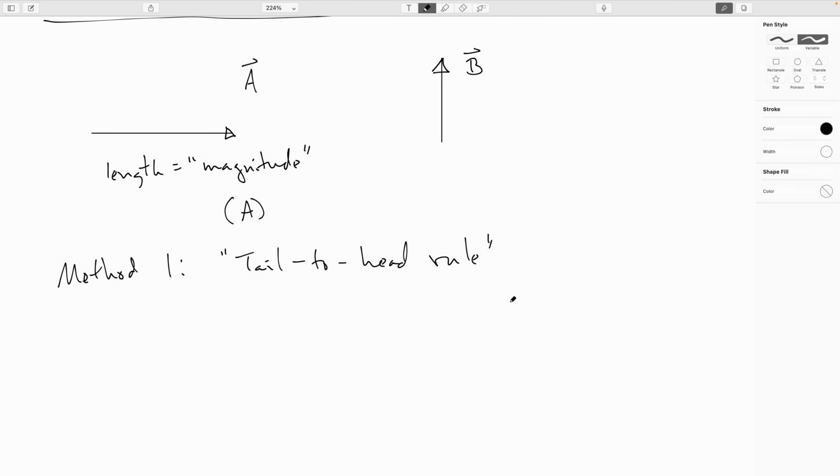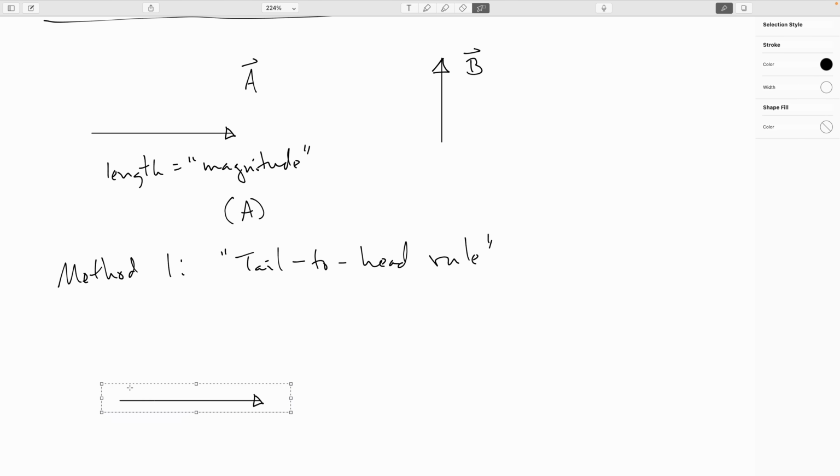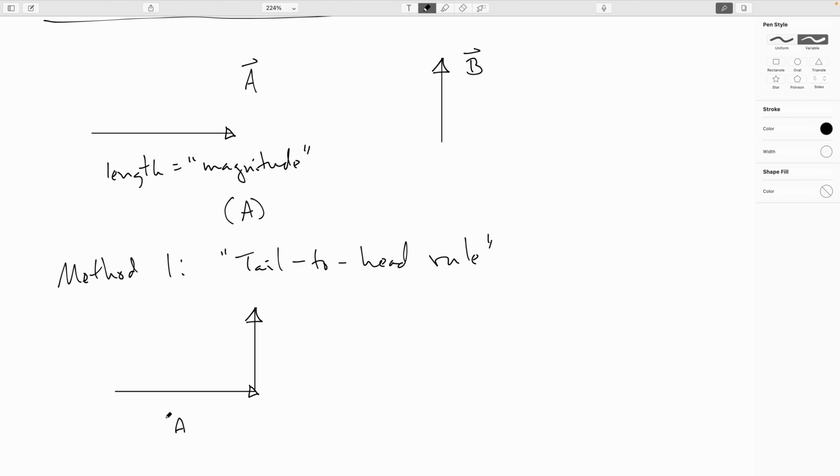What you do is you put a copy of the first vector, say here, and then a copy of the other vector. You will move it so that its tail touches the head of the first, like so. So this is my vector A, and that's my vector B. So I put the tail of B to the head of A.